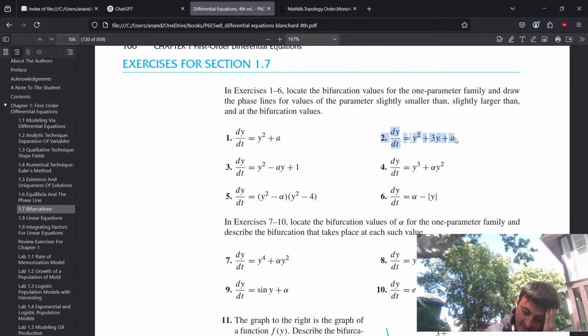If a equals that, then y's fixed point is going to be equal to minus 3 plus or minus 0 over 2, which is equal to minus 3 over 2. So now if we just plug in for that, we get 9/4 plus 3 times minus 3/2 plus 9 over 4.